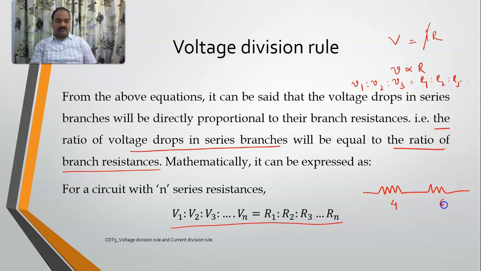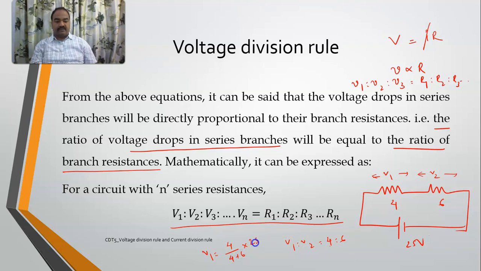If this is 4 ohms, this is 6 ohms, and there is 25 volts applied, in what ratio will the voltage be divided? Very simple, I can say V1 is to V2 is equal to 4 is to 6. Then what is V1? V1 means 4 by (4 plus 6) into 25, isn't it?